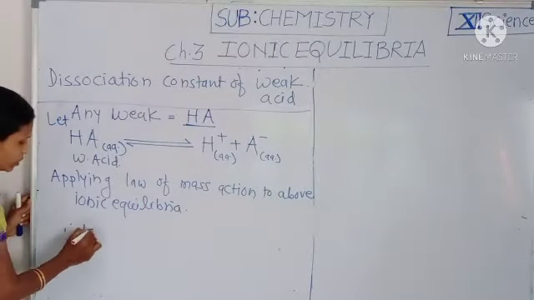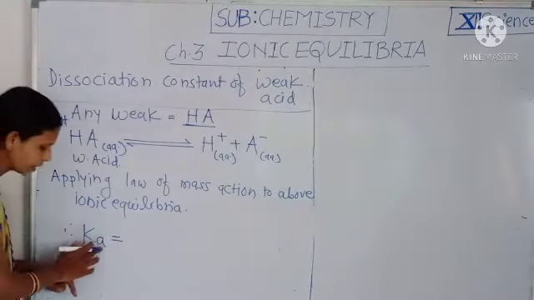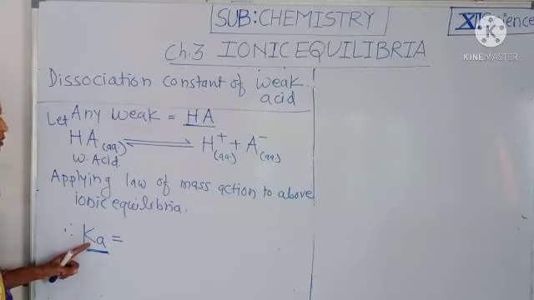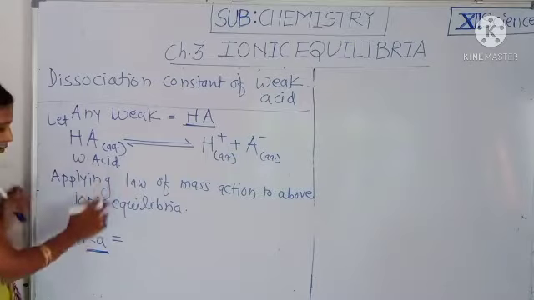Therefore, we can get Ka, the dissociation constant of the acid.